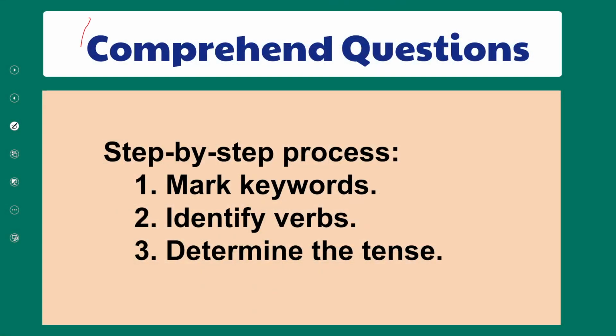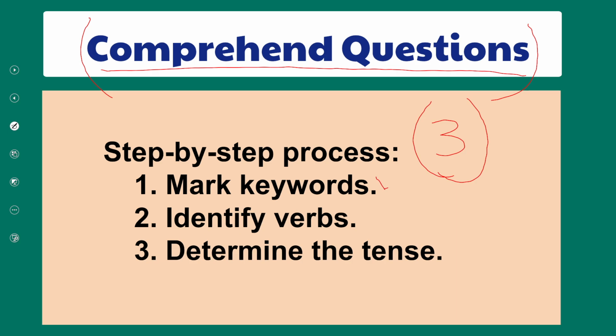For the sake of comprehending the question, we have to follow at least 3 steps. There are a number of steps and strategies to understand the question, but these 3 are actually the base of understanding the question.